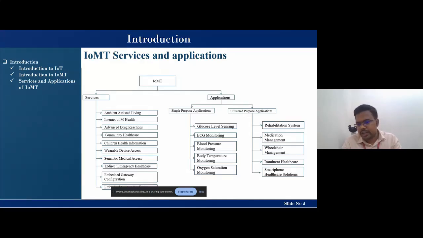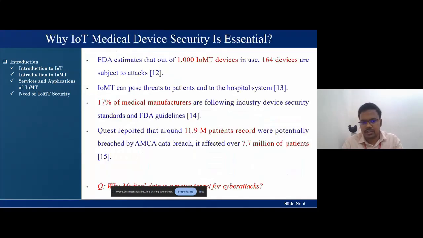These all will collect the data, but the major concern is security. So why is IoMT device security very, very important? There are three major things. The FDA, the Food and Drug Administration of America, estimated that out of 1,000 IoMT devices in use, 164 devices are subject to attack. So what is the point?